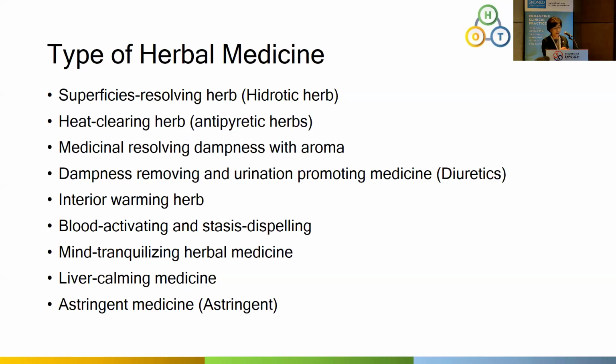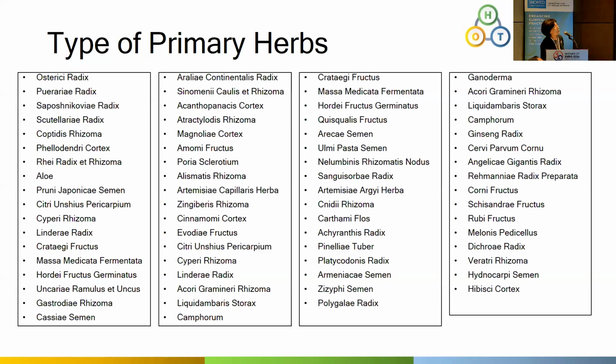So these are the types of medicine. You see interior warming herb, or blood activating and stasis expelling, things like that. By just reading it, you could understand what the purposes of the medicine are. But all those medicines are combinations of herbs.